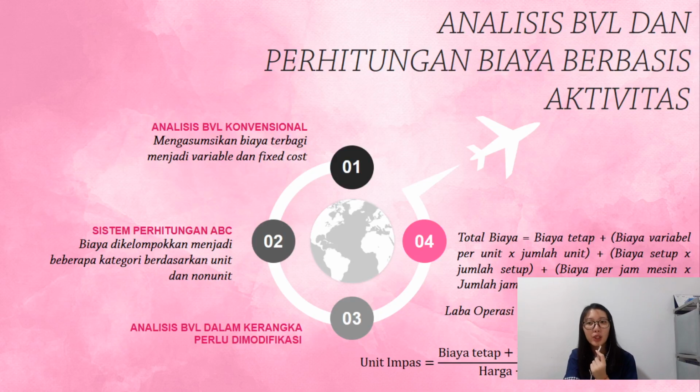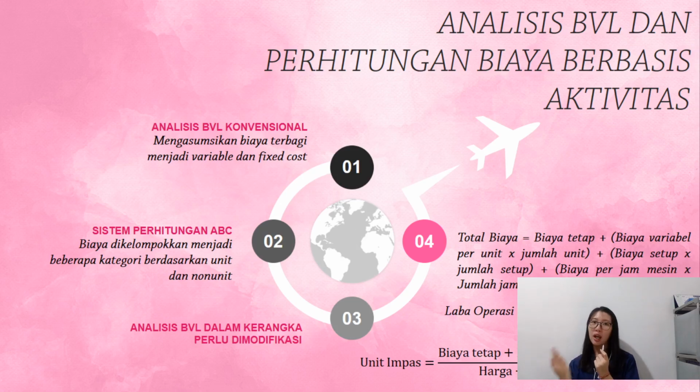And then we are going to talk about CVP analysis and ABC. Usually, in conventional CVP analysis, we categorize costs into two categories: fixed cost and variable cost. However, there are opinions that say this kind of categorization only makes the problem simple but does not solve the problem at all.